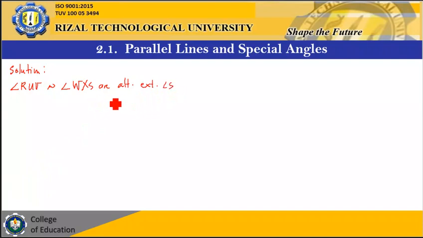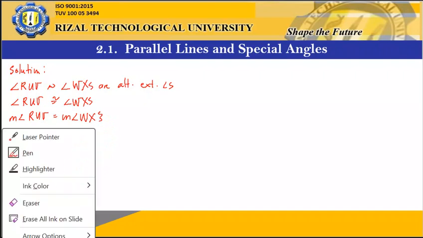And since they are alternate exterior angles, in the previous theorem, we know that angle RUV is congruent to angle WXS. Okay? And by the definition of congruent angles, we know that the measure of angle RUV is equal to the measure of angle WXS.